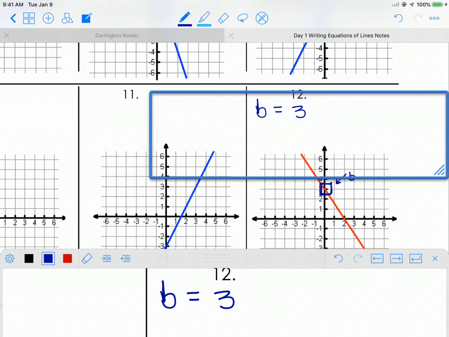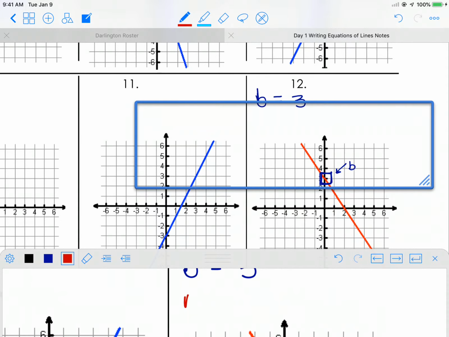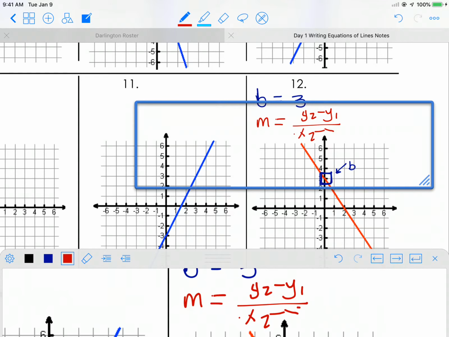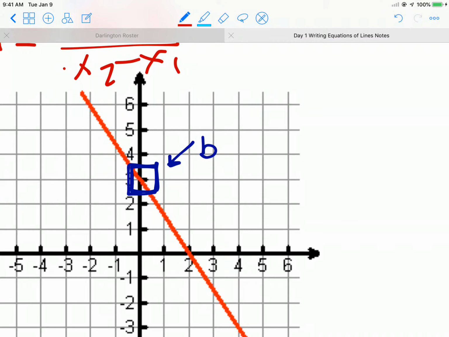All right, so let's look at the other part. Let's find one more good point that we know on this graph. Because I need to find my slope, remember that's y2 minus y1 over x2 minus x1. We want points where the line crosses perfectly. So we don't want to use this one in the middle, floating out there.